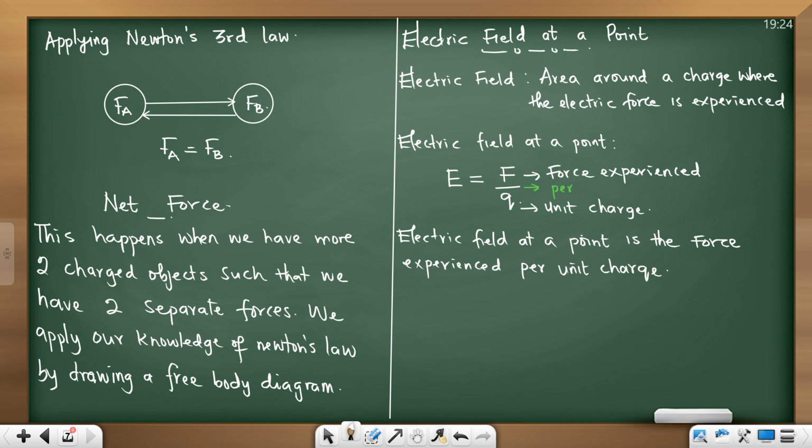Force experienced per unit, you can put point charge. Per unit point charge.